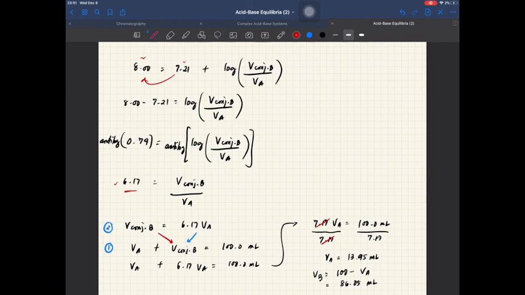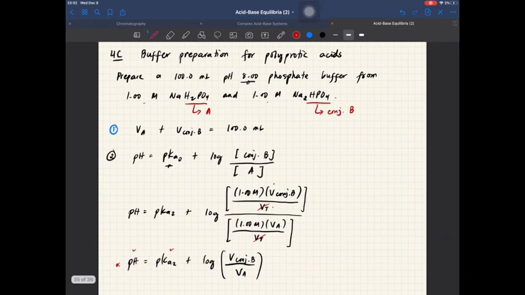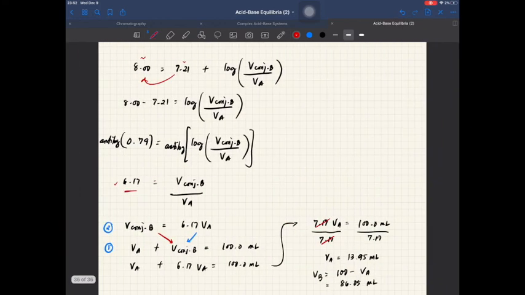So 6.17 is equal to V of conjugate base over V of acid, and further evaluating, V of conjugate base is equal to 6.17 V of acid. Taking the first equation, equation number 1, V of acid plus V of conjugate base is equal to 100 ml. Substituting 6.17 V of acid, we get V of acid plus 6.17 V of acid is equal to 100 ml.